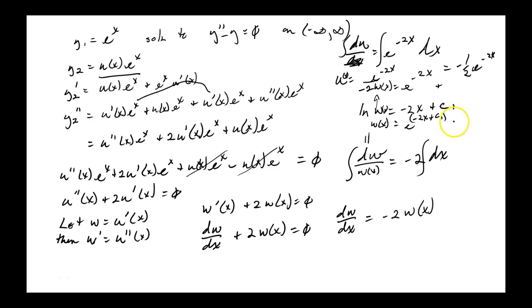Now, but you see, you could also write that as e to the minus 2x times e to the c1, right? Okay. And this is just a constant. So why don't you just write it as c1, it's a different c1, e to the minus 2x. That should have been what I integrated here. Put a c1 in here and a c1 in here.